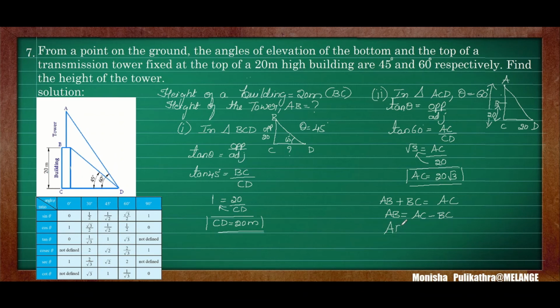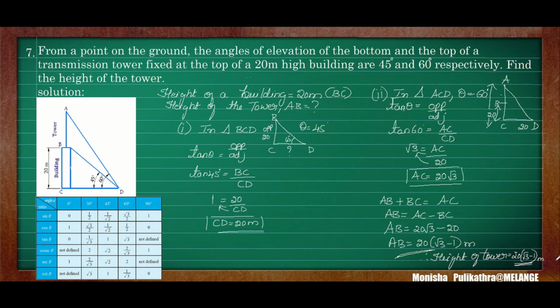AB is equal to the AC value, 20 root 3, minus the BC value, 20. If you take 20 common, the answer will be 20 into root 3 minus 1. So this is the height of the tower. Therefore, height of tower is equal to 20 into root 3 minus 1 meter.